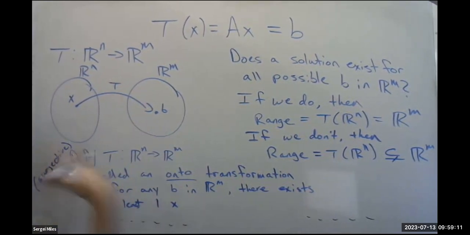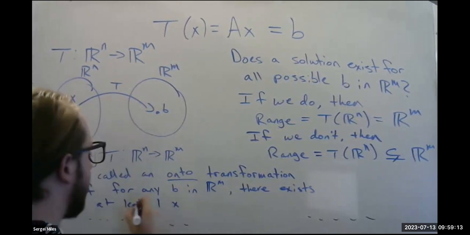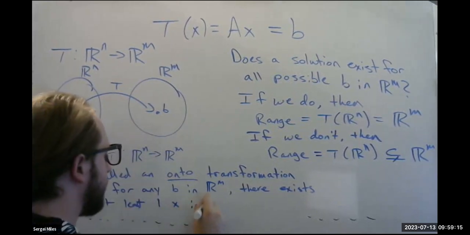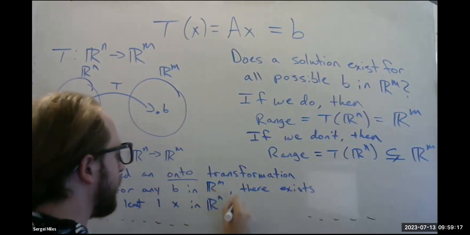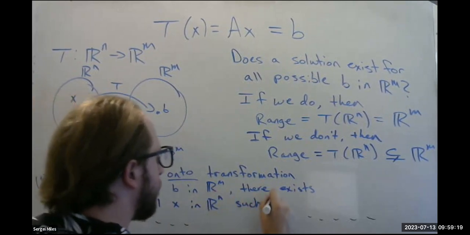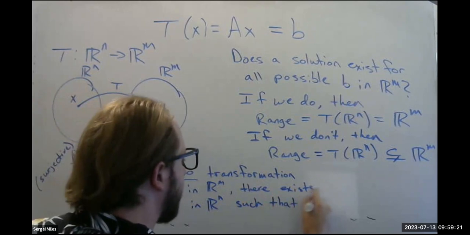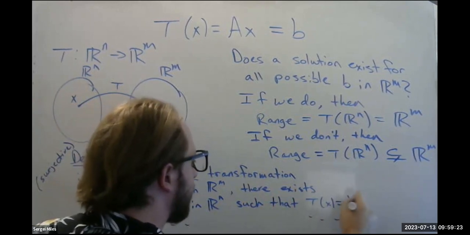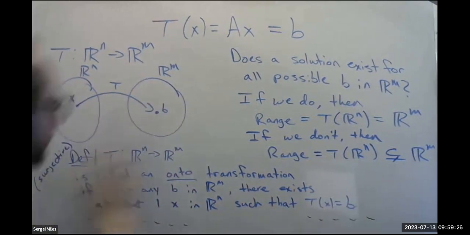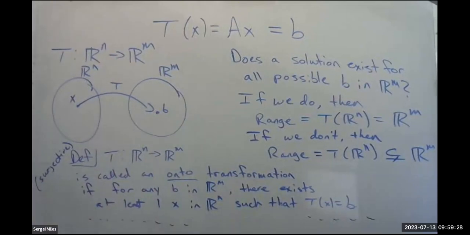I'm just saying at least one X in the domain exists such that when I plug in that X, I get that B. In other words, this is saying for any possible B, a solution exists. Maybe there's infinitely many solutions. It doesn't have to be just one. It says at least one, right?